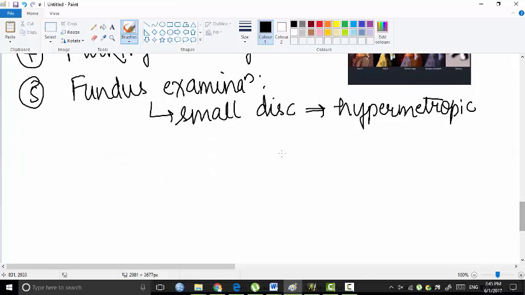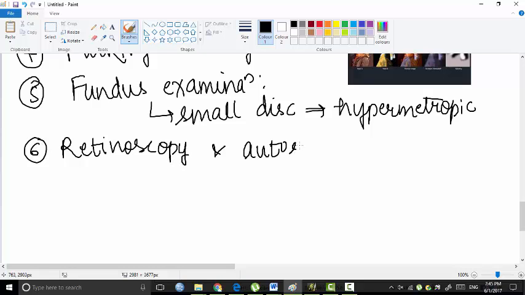Next, you can even do retinoscopy and autorefractometry. Both these also reveal that it is a high hypermetropia.